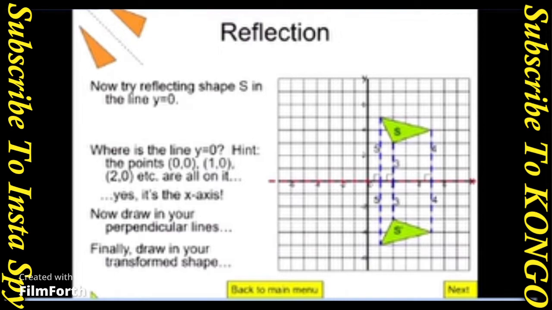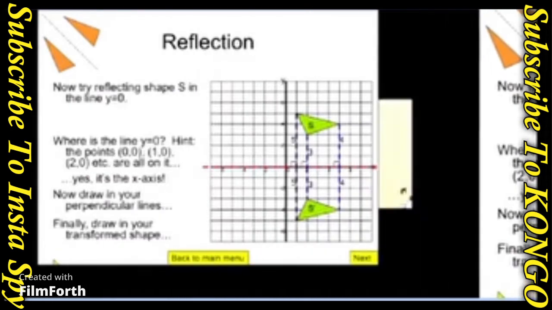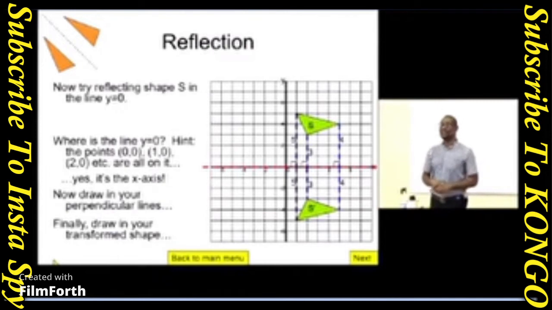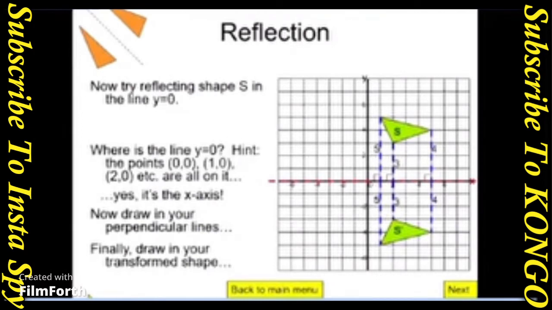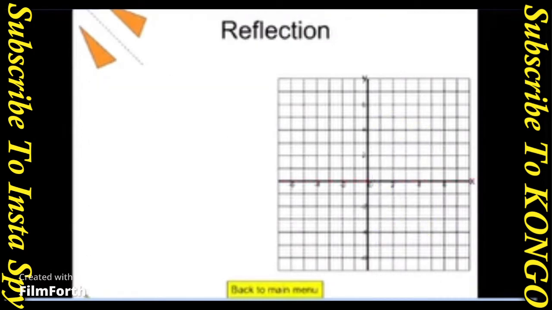Here again, the example asks us to describe this reflection. And this reflection would be a reflection in the x-axis. And the reflection in the x-axis is the same thing as a reflection in the line y equals 0. Still a reflection in the x-axis. The x-axis is the mirror line.